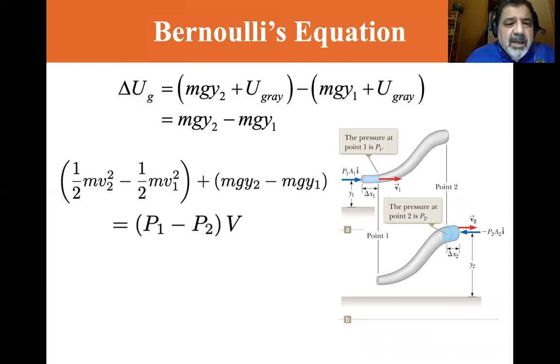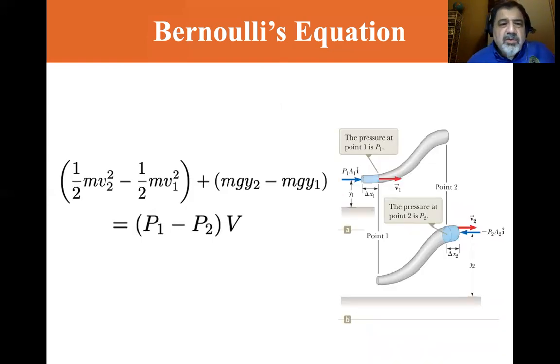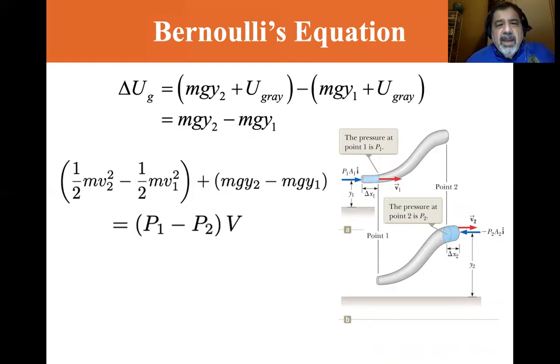Now let's combine those two equations. We get 1/2 mv2 squared minus 1/2 mv1 squared plus mgy2 minus mgy1 equals P1 minus P2 times the volume.